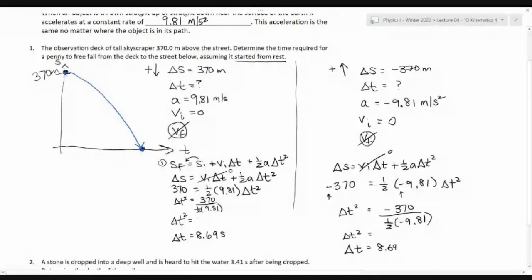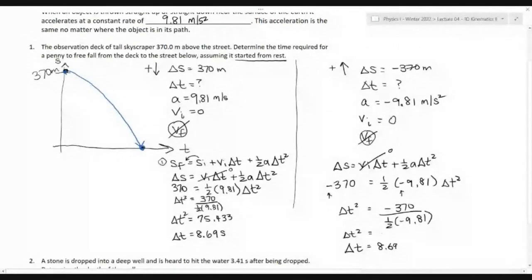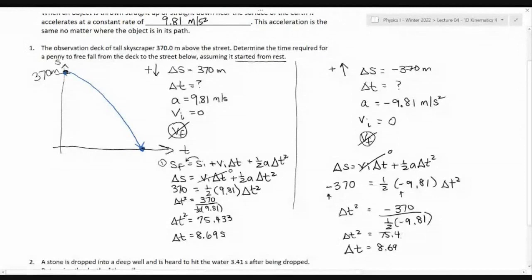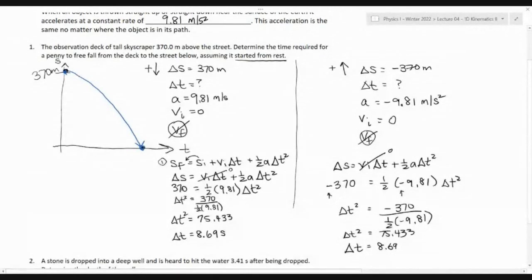Good, 75.433. Then we just need to get rid of the squared, so we square root 75.433 and we get 8.69. So it doesn't matter whether up was positive or down was positive.